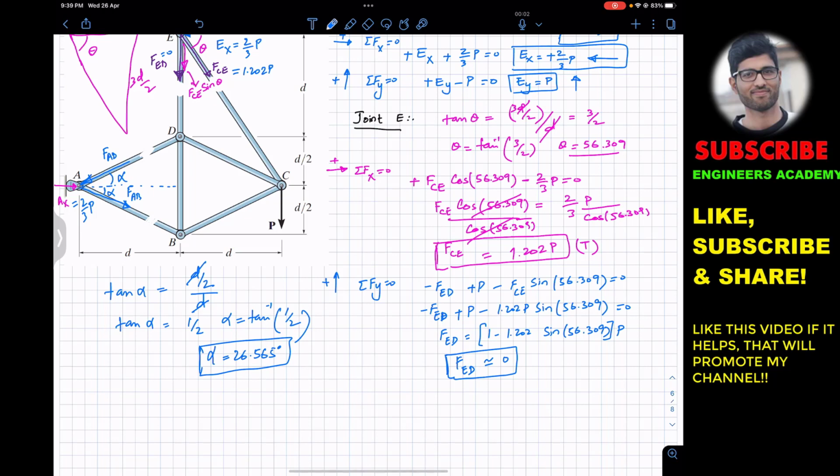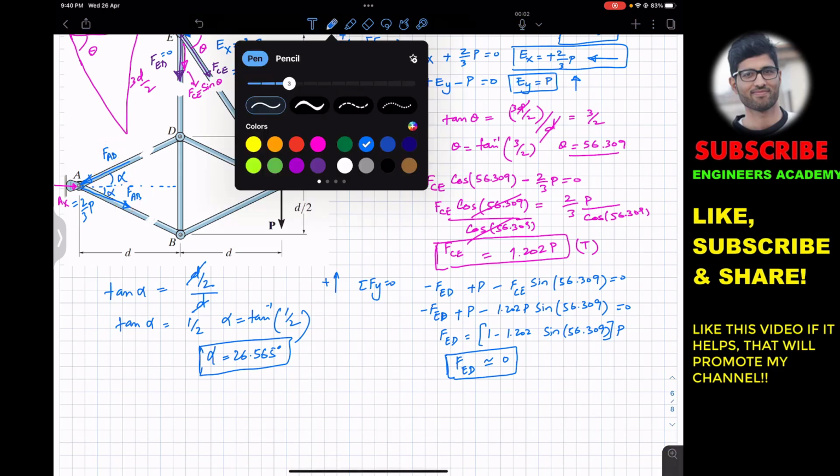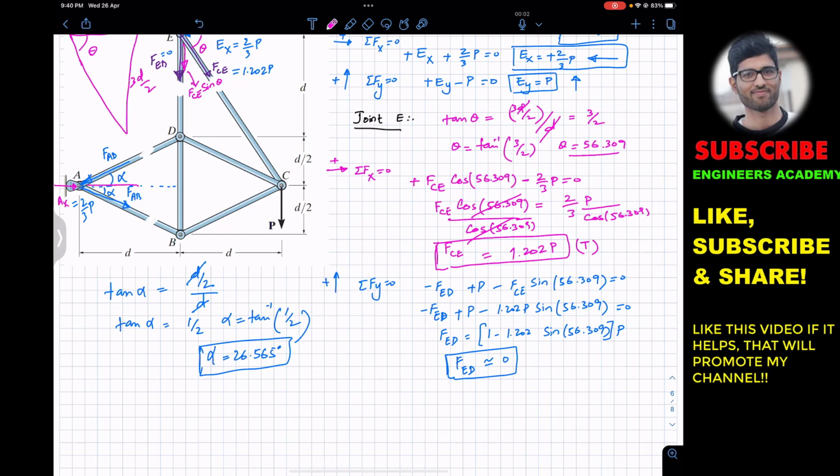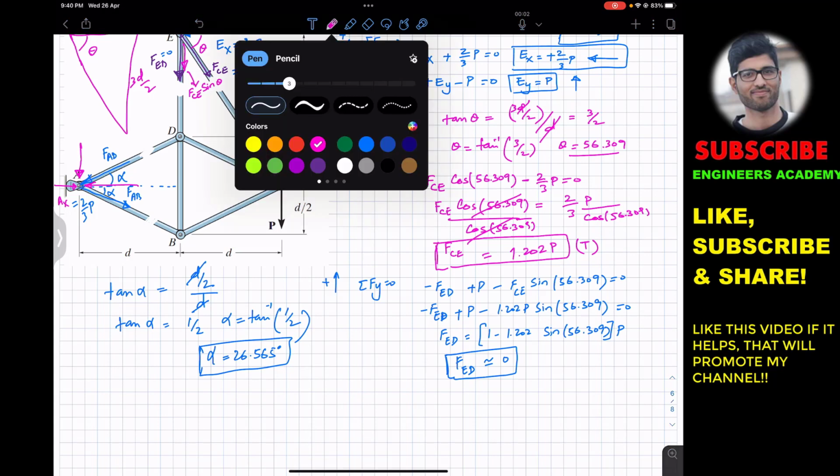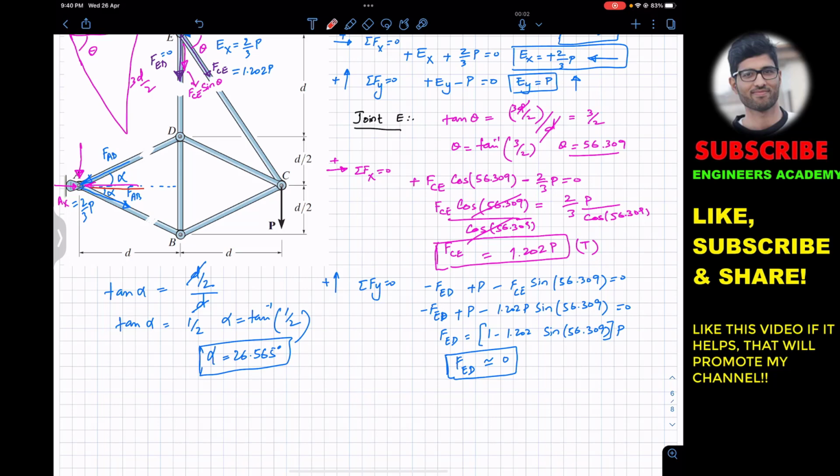So now we know angle alpha. On both sides we have angle alpha. So now we can resolve FAD and FAB into its components. FAD will have one component in this direction. This one will be the cos component, and it will have one component in this direction. And similarly FAB will have one component in this direction like this, and it will have one component in the downward direction like this.